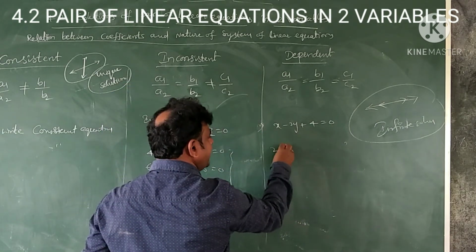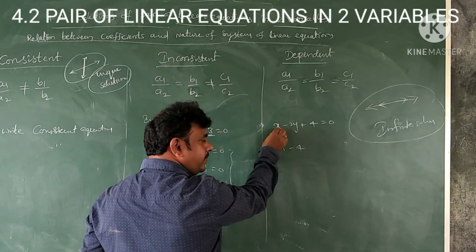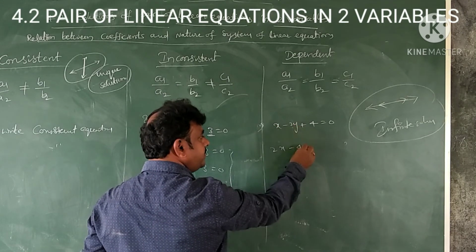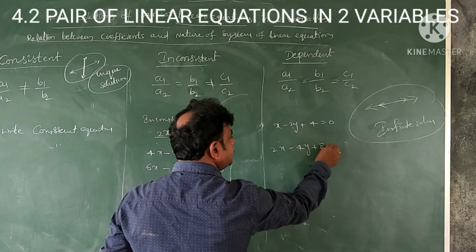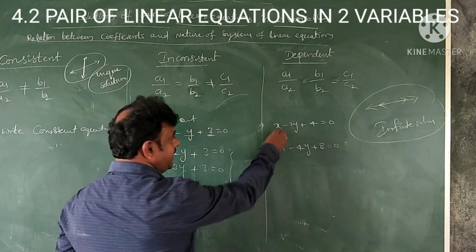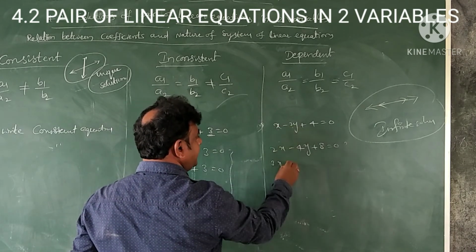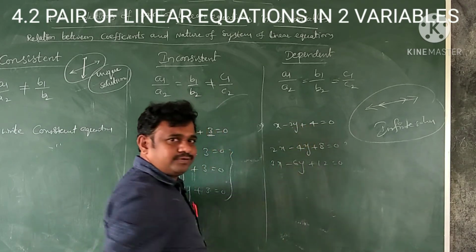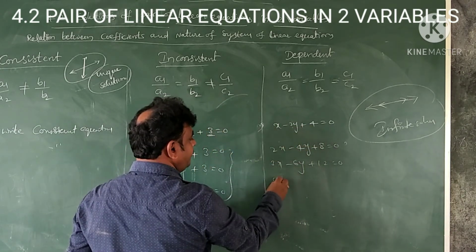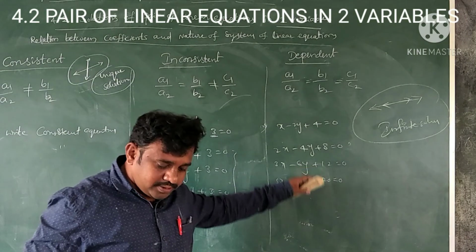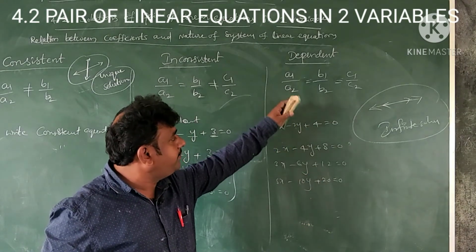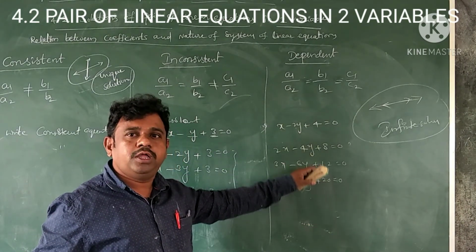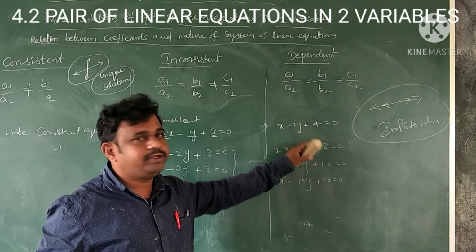For example, multiply by 2: 2x minus 2 2s are 4 plus 2 4s are 8. Then again 3: 3x minus 3 2s are 6 plus 3 4s are 12 is equal to 0. For example, 5: 5x minus 5. These are all dependent equations to the given equation.